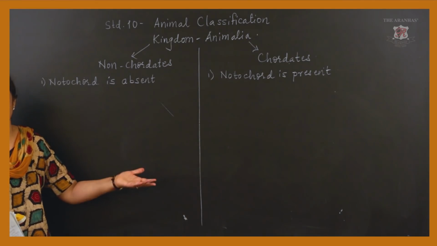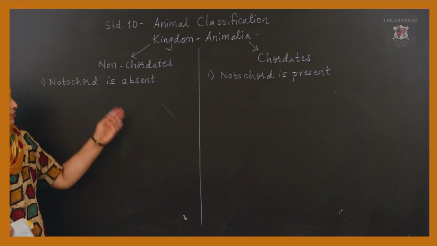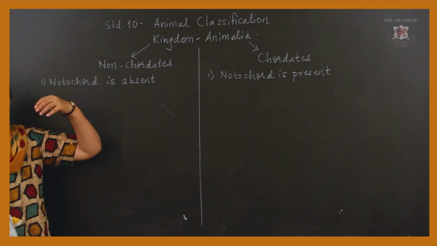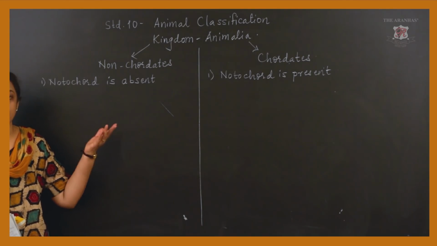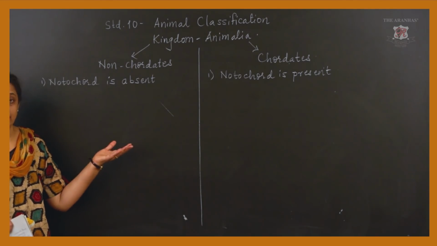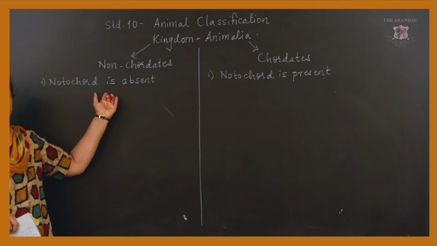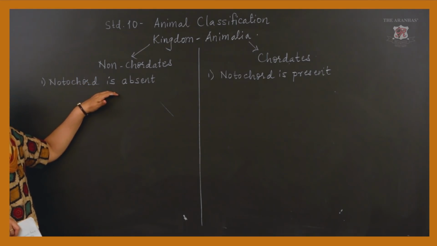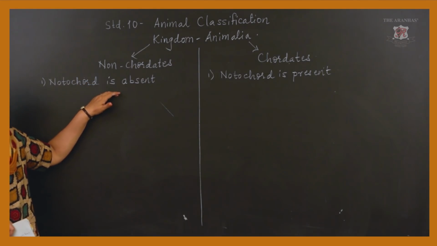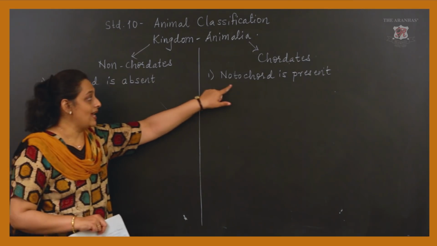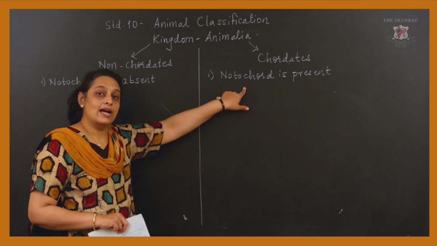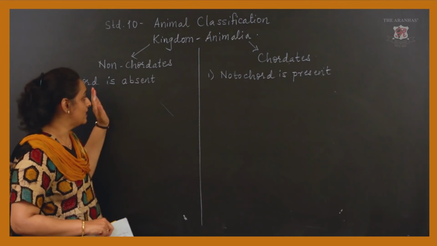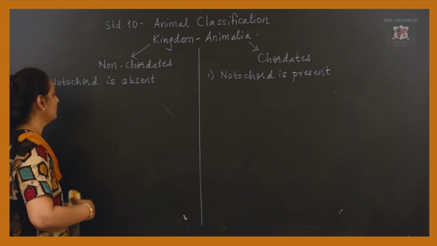Where is this part of the body present? So remember that, students, notochord is like a rod present in the body and it represents nervous tissue. Notochord is usually absent in primitive organisms, whereas it is present in higher animals or evolved animals. So this is the first difference.